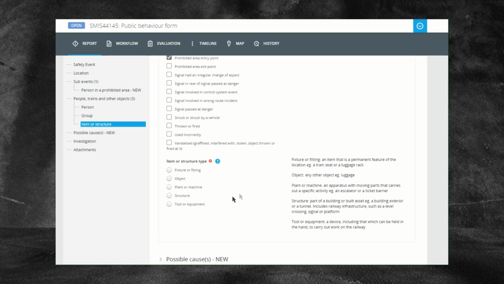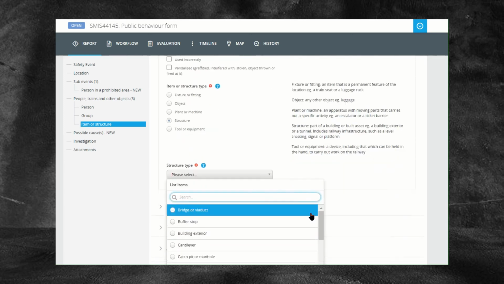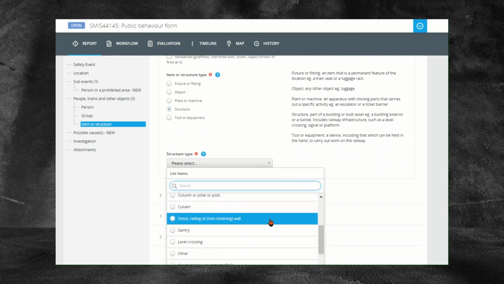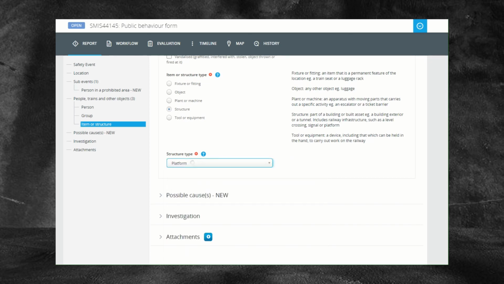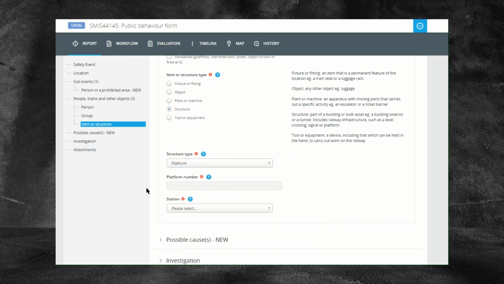You then need to, if we take the previous example where we need to add the platform, you would say that it was a structure. We've got guidance here to explain that. The structure type, you then would select platform. You then get the field to ask you to add the platform number, and then you get the station question, which is basically the same as the station asset list in the location section.